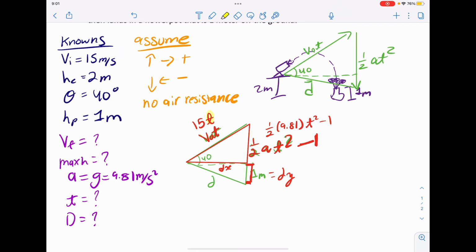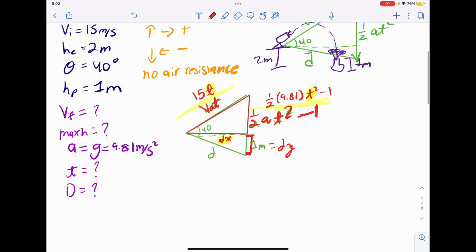We're missing t and dx. So what can we do? Obviously, we can't solve for dx because these have t. But what we can do is use both the side of V naught T and the side of half AT squared because they are missing the same variable. So let's go ahead and do that.